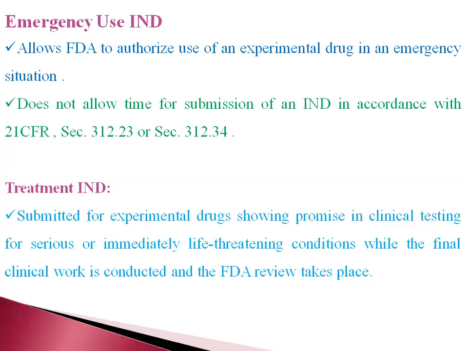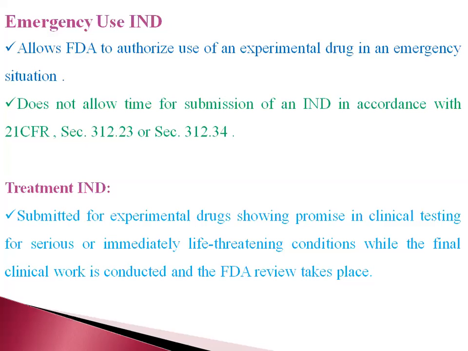In that case, we can file a treatment IND. Here also, the time required for submission of regular documents is more. That's why we are filing it under treatment IND. We will get immediate approval so that we can start diagnosis and treatment of the patients. So this is treatment IND.